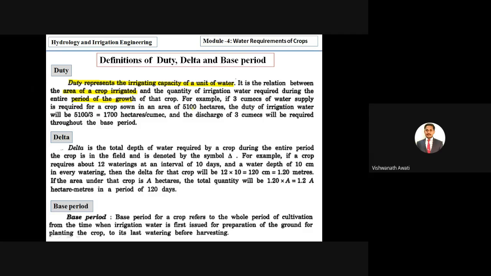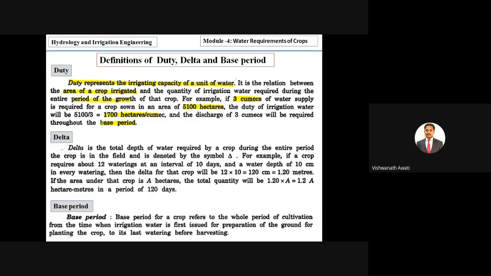For example, if the area is 5100 hectares, then for the complete growth of the crops in this area, 3 cumecs of water are required. Then the duty of that area is 1700 hectares per cumec. That is the total area divided by the discharge, so you get how much area each cumec can cover. And the discharge of 3 cumecs will be required throughout the base period.